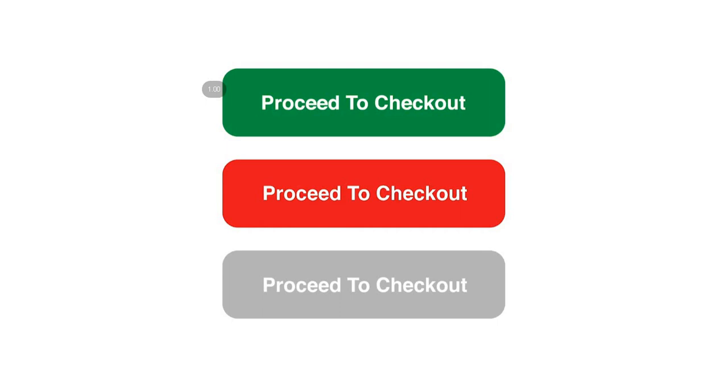We know that green means go, approved, and we know that red means stop or not approved. So if you design a proceed to checkout button with the red color, it will immediately send the functional message that you should not proceed, right? And I will most likely not click a red button to proceed to checkout. That is not to say that we should never create red buttons, but that depends on the functional context of that button.